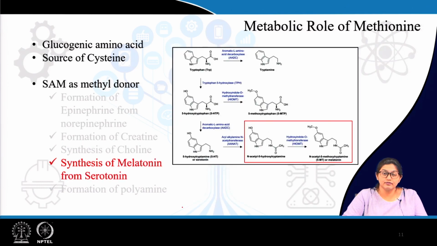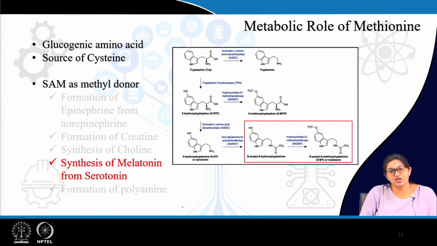Finally, melatonin is formed from serotonin by taking the methyl group from SAM. The details of melatonin formation will be discussed in tryptophan metabolism, because melatonin is a derivative of tryptophan. So, here in short you can see from tryptophan there is formation of 5-hydroxytryptophan, then there is formation of serotonin, which is also known as 5-hydroxytryptamine.